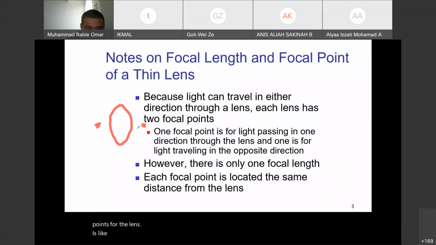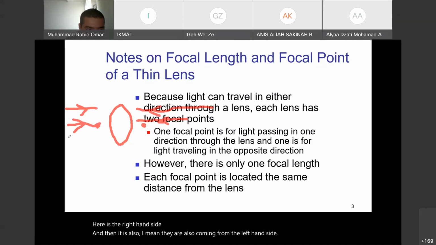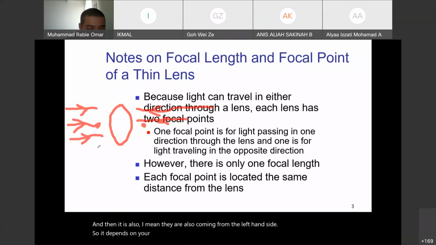Firstly, there are two focal points because the light rays can come from the right hand side, and they can also come from the left hand side. So it depends on your situation. If you are referring to light rays coming from the left hand side, then your focal point will be this one.